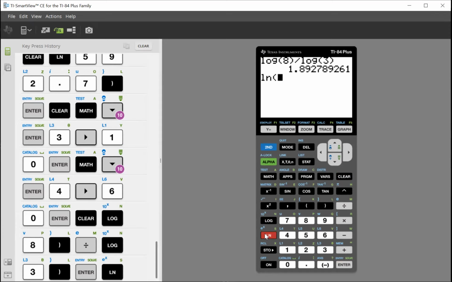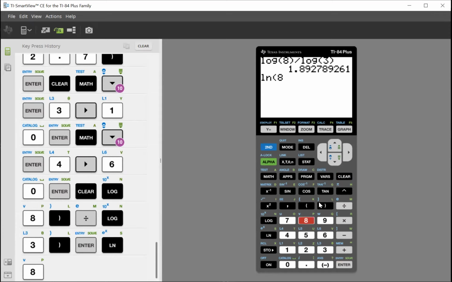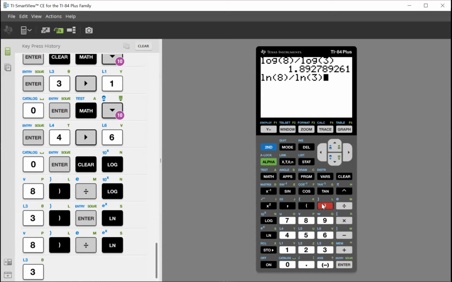Now if I do ln of 8 on the top, divided by ln of 3 on the bottom, I get the same exact answer. What you can't do is a log on one number and an ln on the other. But as long as they're either both logs or both ln's, it'll work out either way. Okay, thank you.